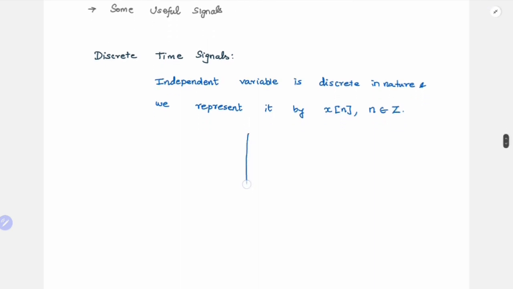So how will the signal look on a graph? We have the independent variable n, we have the signal x of n. So we'll have 0, 1, 2, 3 and minus 1, minus 2, minus 3 and so on. So our signal will take on values like this, right? Can also be 0.